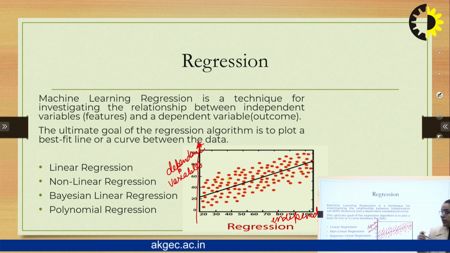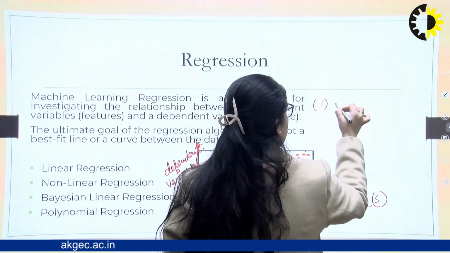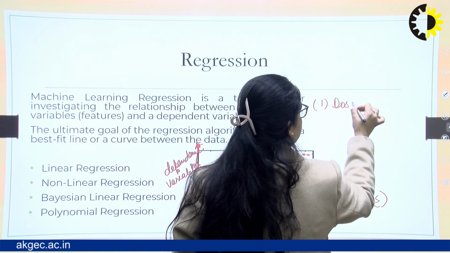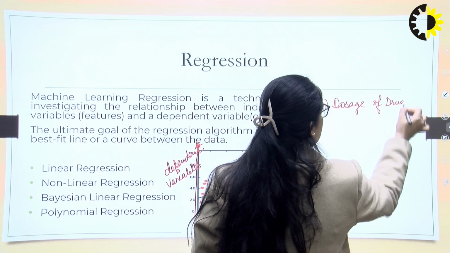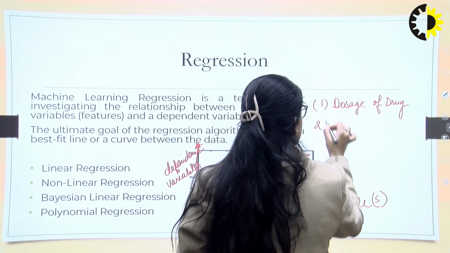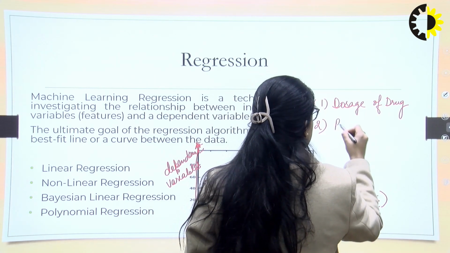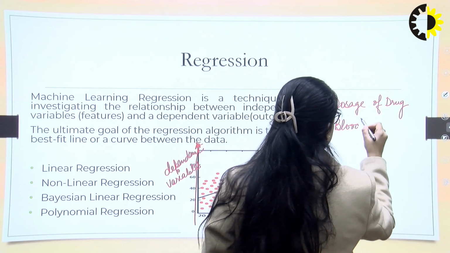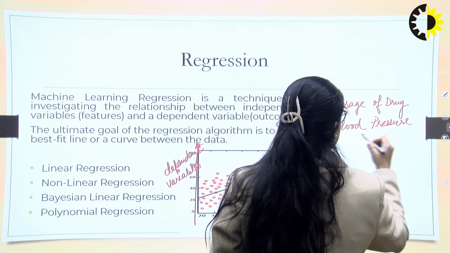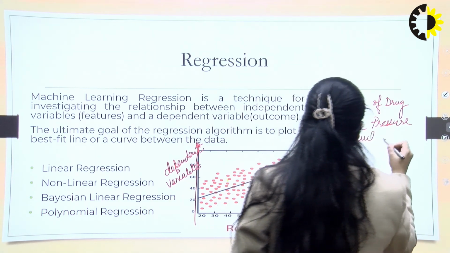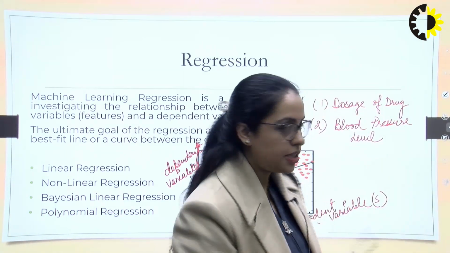So, we have two components here. First is dosage of drug, and second parameter is blood pressure level. These two parameters we have.